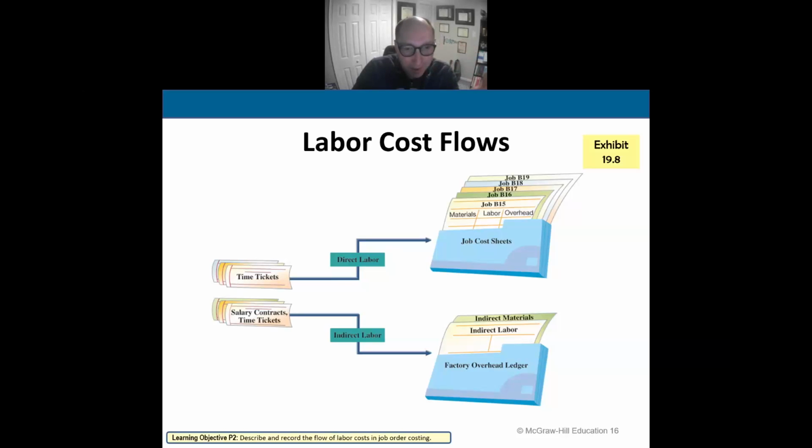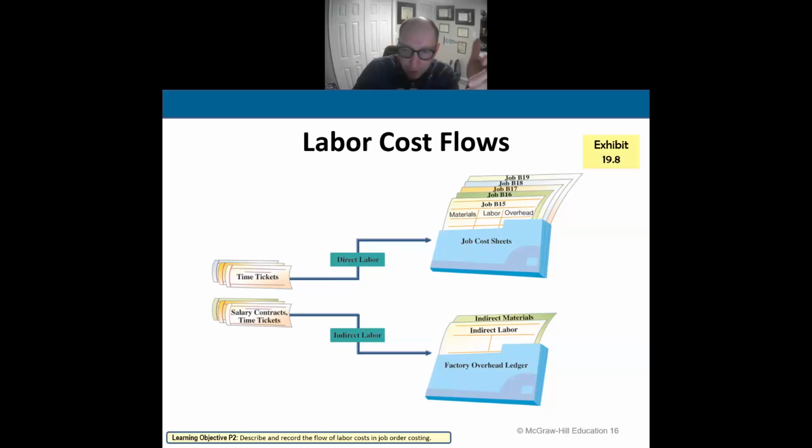And I track the amount of hours worked on each job using this thing called time tickets. The time tickets could be a stopwatch, could be an actual punch card, could be a computer to track the actual hours being worked on each job by each employee.